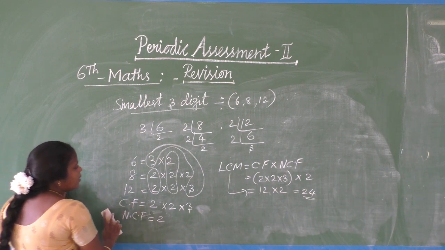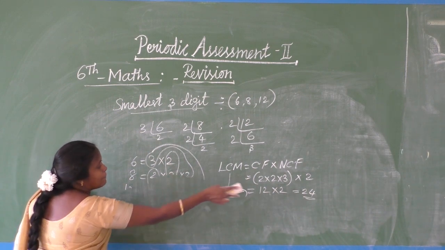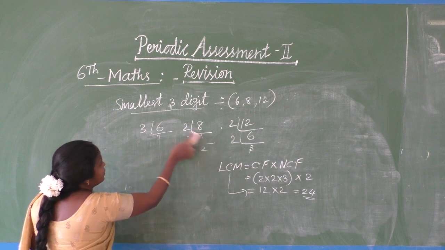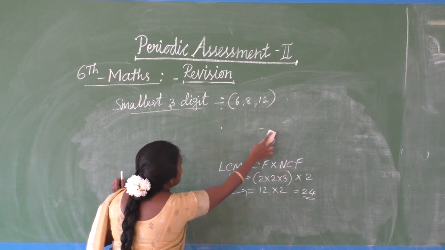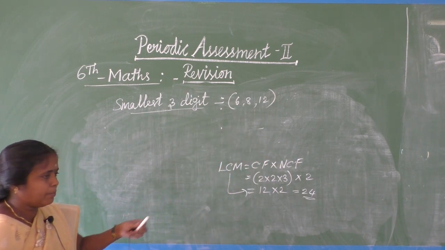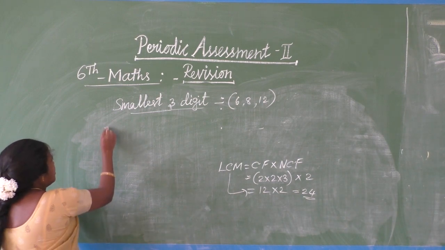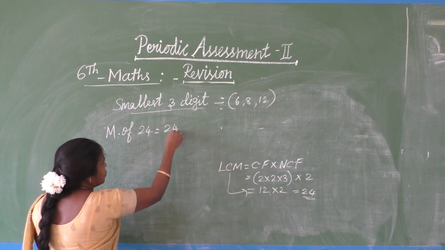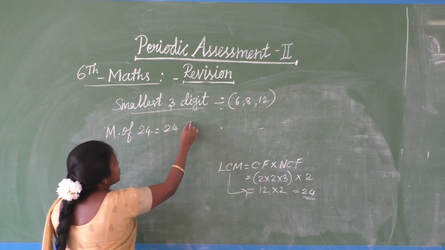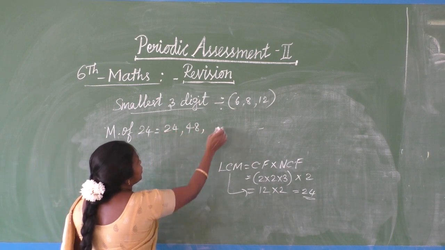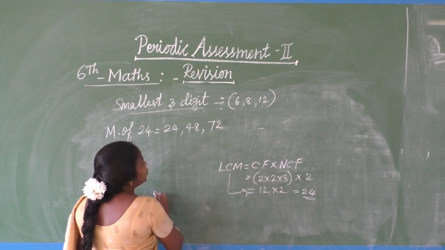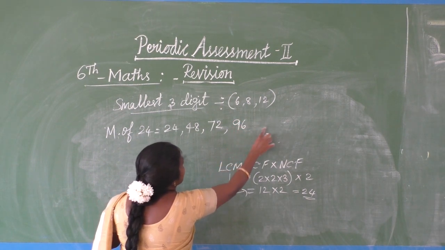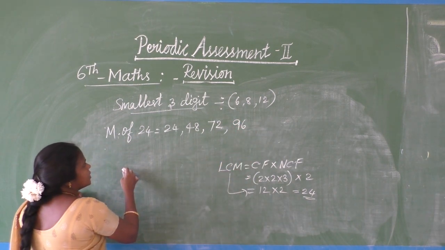For that, we have to write the multiples of the LCM, the multiples of 24. Multiples of 24, what comes? 1 24 is 24, 2 24s are 48, 3 24s are 72, 4 24s are 96, like that. Yes or no? Correct or not? Check.